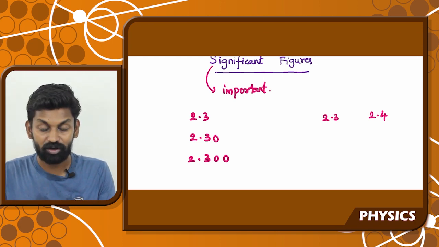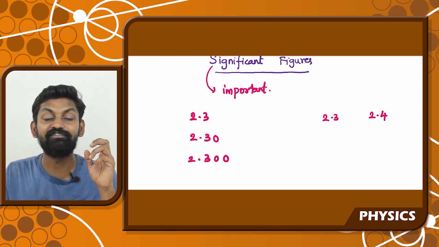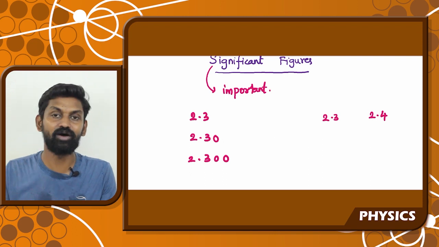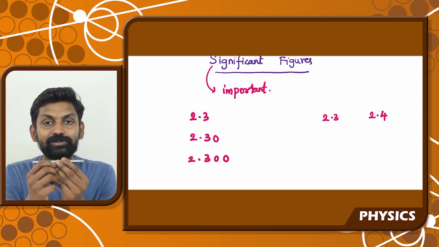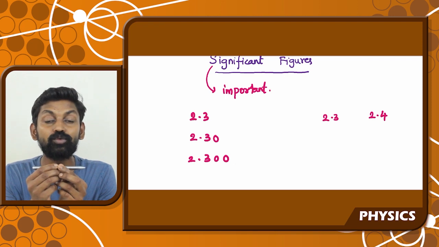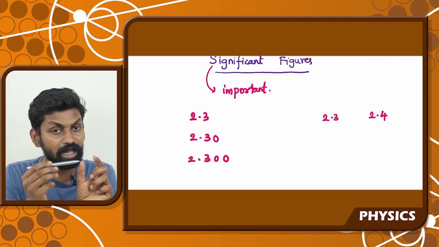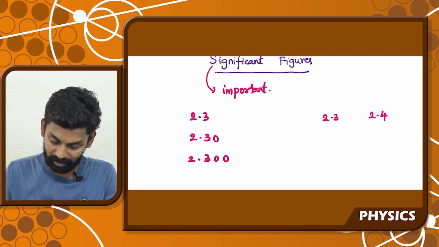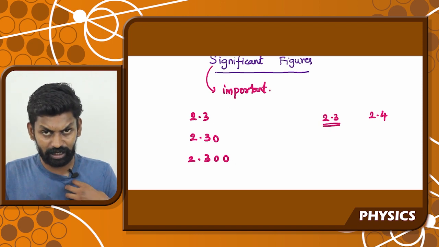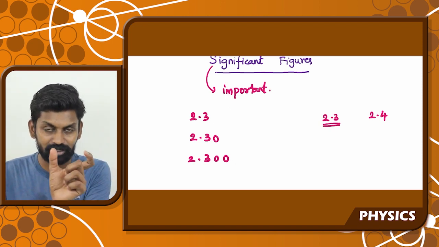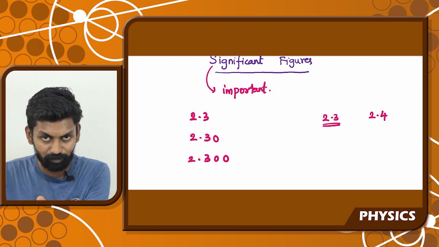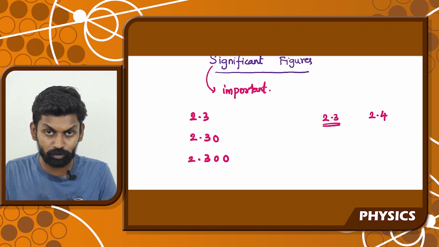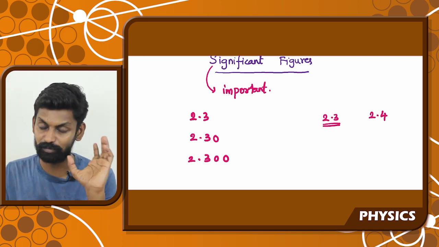You are not able to tell confidently what the next digit is. Like I said in the beginning, when the length of this pen is 12.2 millimeter, I was able to tell only 12. That means I am not able to tell clearly whether the next digit is 0 or not. I wasn't able to say anything about the next digit.